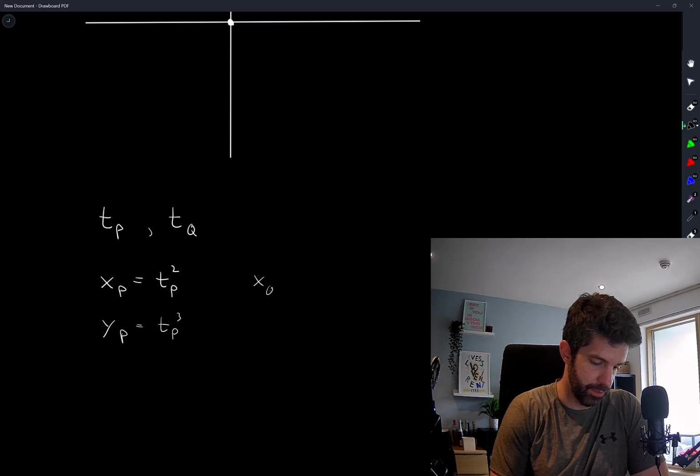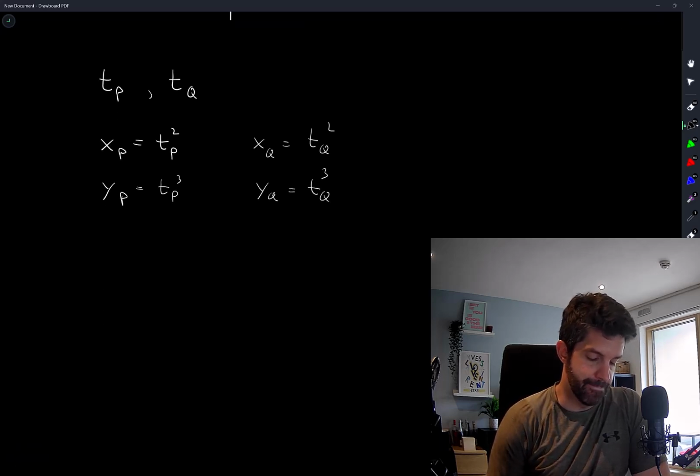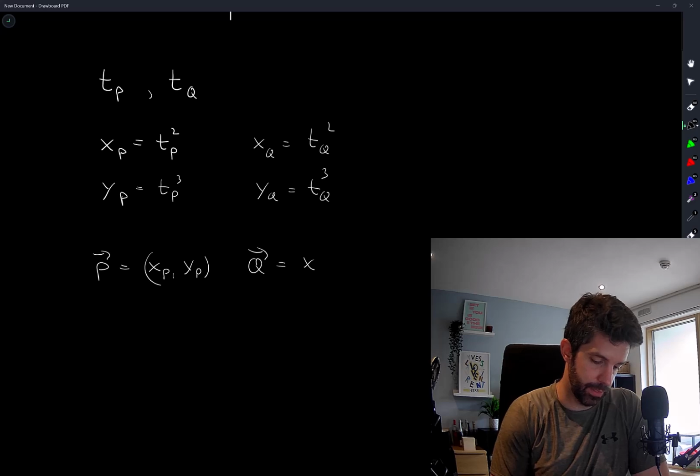Similarly, xQ is tQ squared, and yQ is tQ cubed. And I suppose we could think of these as vectors. P is (xP, yP), and Q is (xQ, yQ).